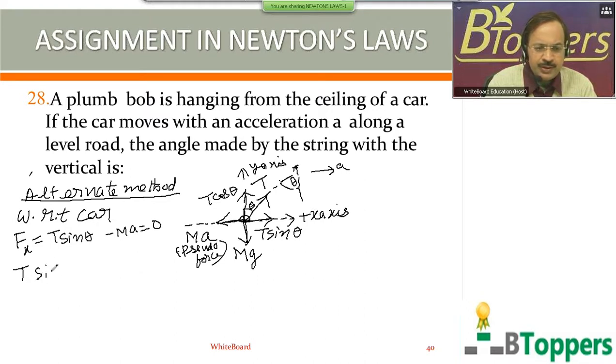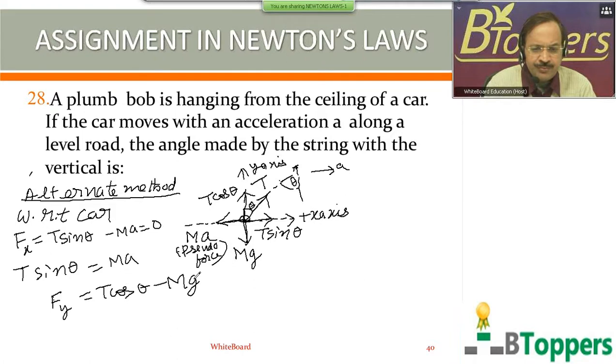So T sin theta equals ma. The y component of the resultant force will be equal to T cos theta minus mg. That is also 0 because the bob has no motion in the vertical direction.